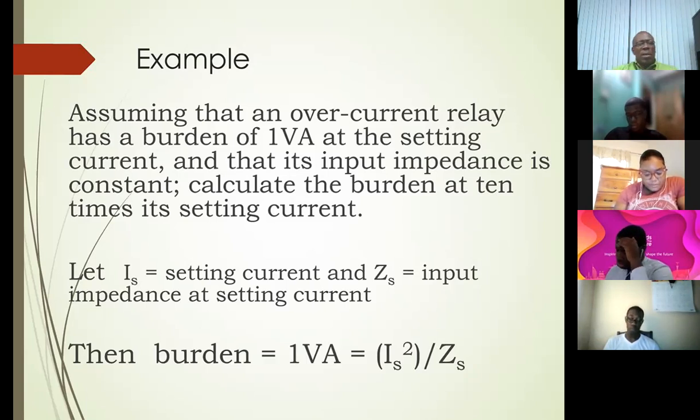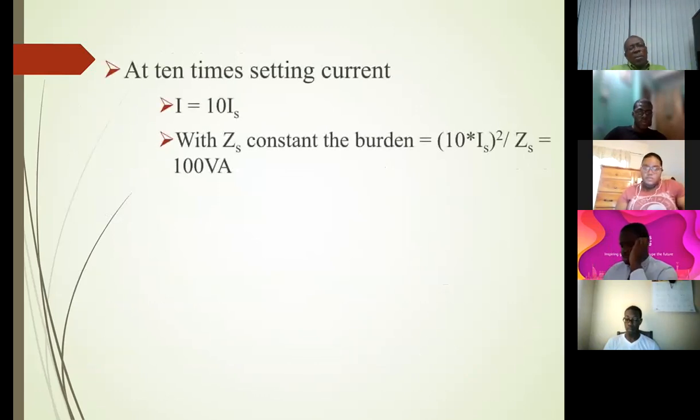Now, if we then see a current which is 10 times the setting current, so if we then have an input current which is 10 times the setting current, we then have a burden of 100 VA.